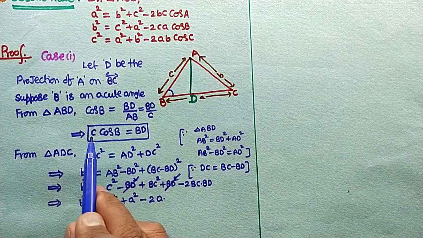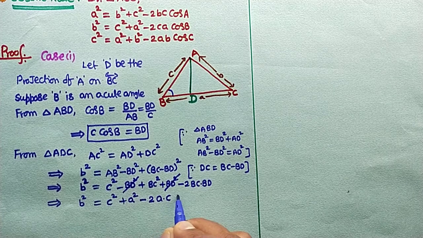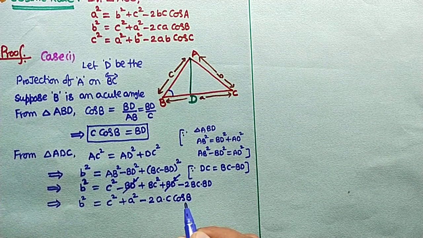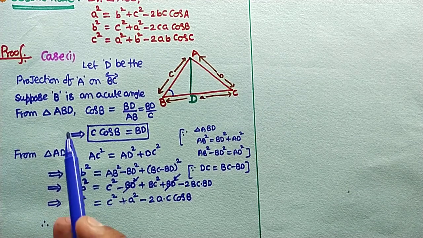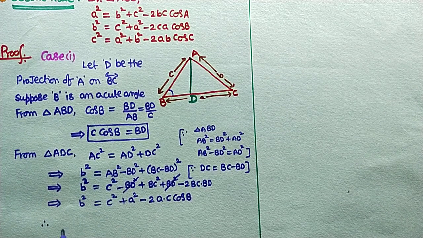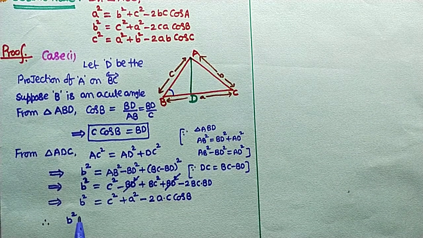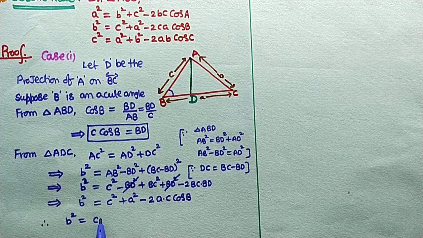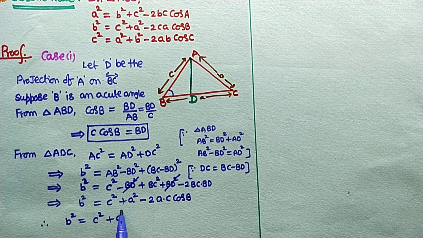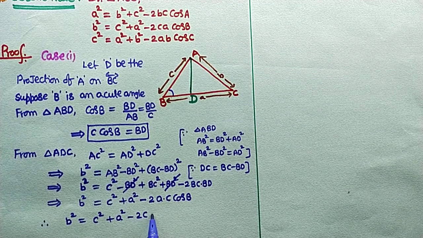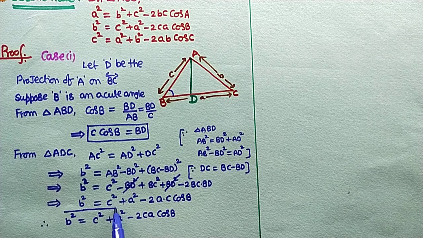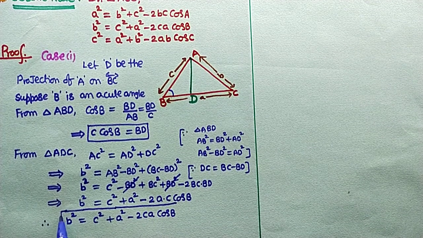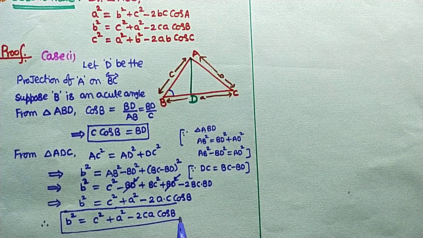We got BD value as c into cos B. Therefore, in case the angle B is acute, we got b square equal to c square plus a square minus 2ca cos B. In case B is an acute angle, we got the proof of cosine rule.